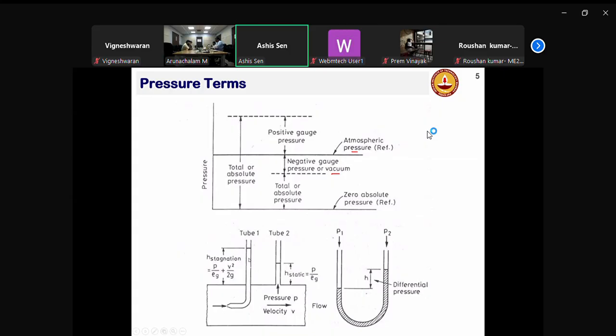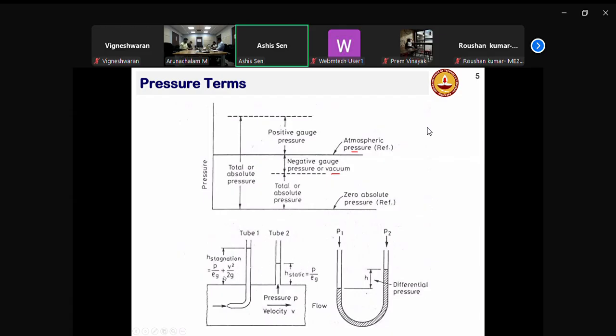So this height of the liquid here would indicate not only the static pressure but also the stagnation pressure, whereas the other tube would give you the static pressure. The difference between the stagnation pressure and the static pressure will help you measure velocity.